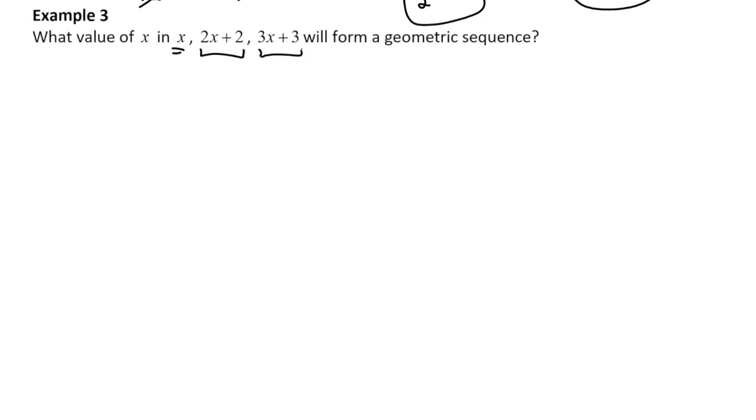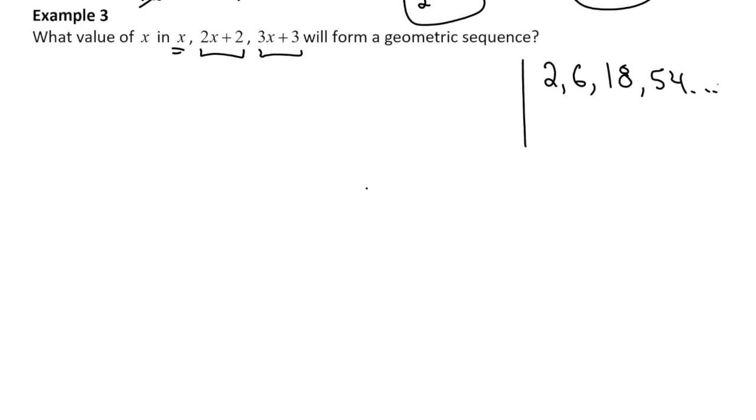If you want to take a look at something like this, I'm just going to give a side example. Think back to one of our first examples of a geometric sequence. We had something like 2, 6, 18, 54.